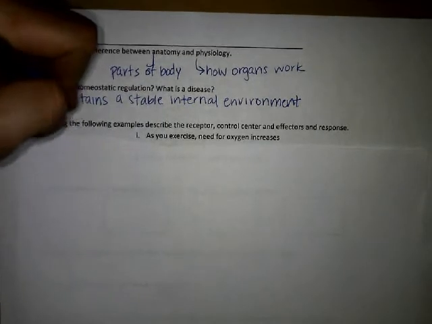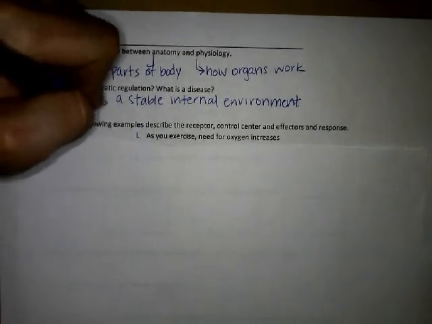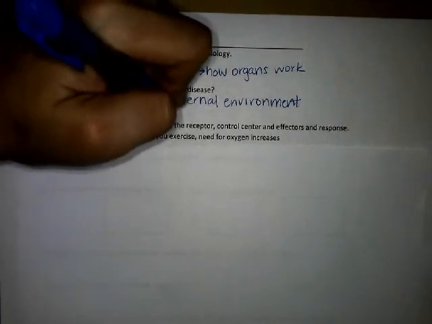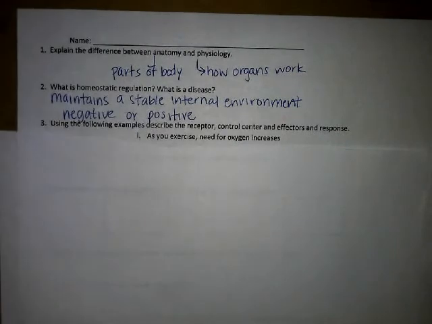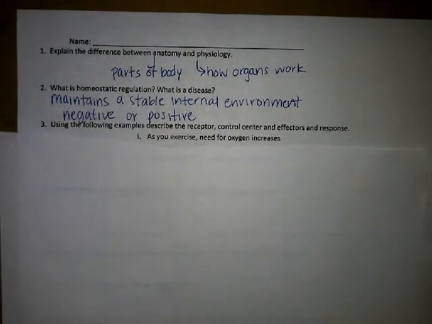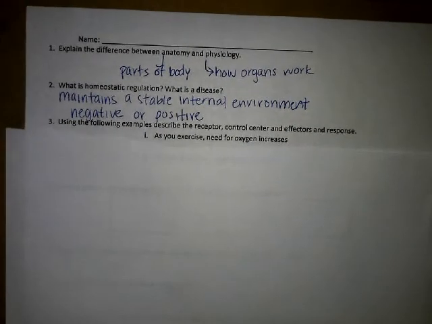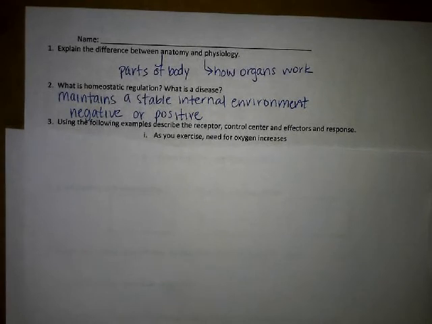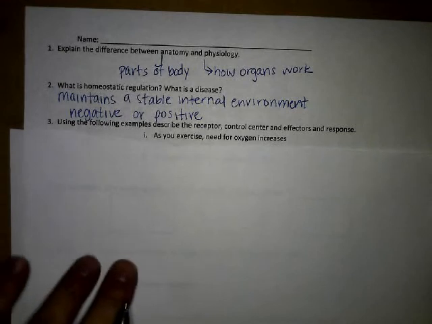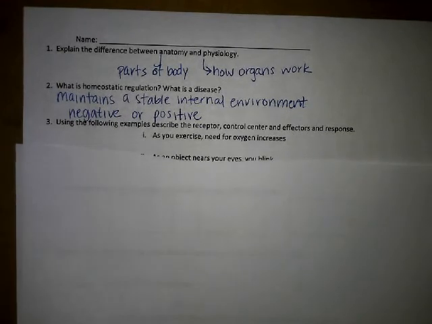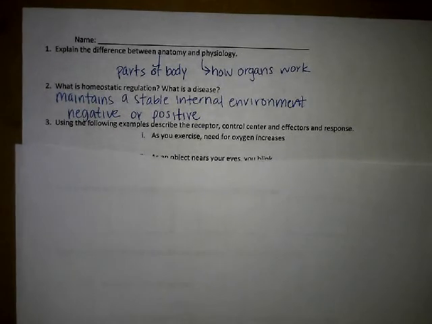It can do it by what we call negative feedback or positive feedback. In negative feedback, the body attempts to eliminate a stimulus. In positive feedback, the body attempts to continue a stimulus. Both of these, however, cause a needed response inside of the body.